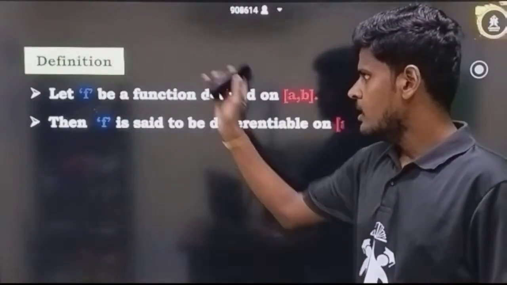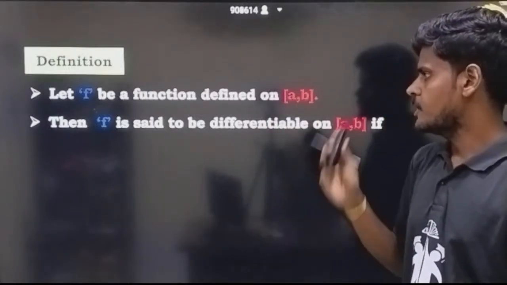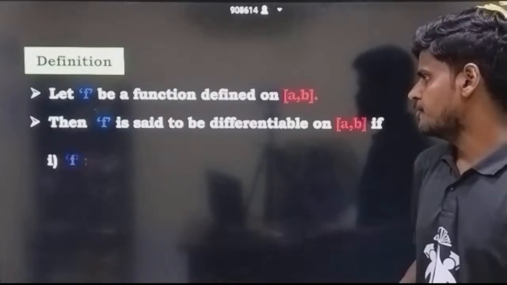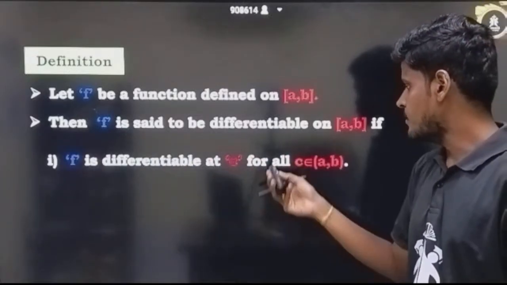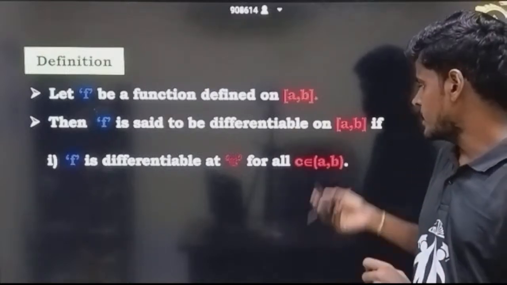Another definition. Let f be a function defined on closed interval a to b. Then f is said to be differentiable on this interval if f is differentiable at c, where c belongs to the open interval a to b.